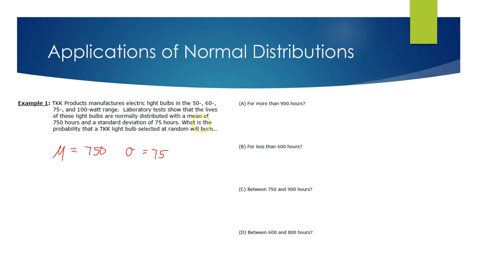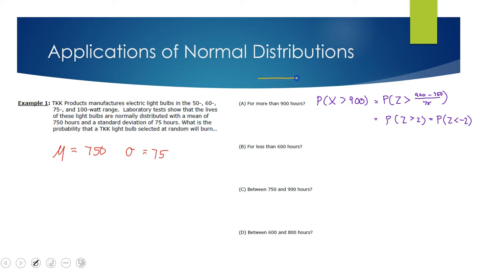depending on the circumstance. So for the first one, the probability of a randomly selected light bulb lasting more than 900 hours is basically the same as the probability that z is greater than (900 minus 750) over 75, which of course would be 2. Now, using symmetry again, we're looking essentially for this area here, where z is 2.